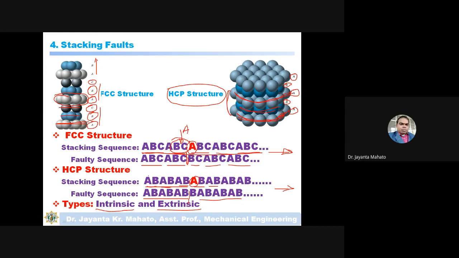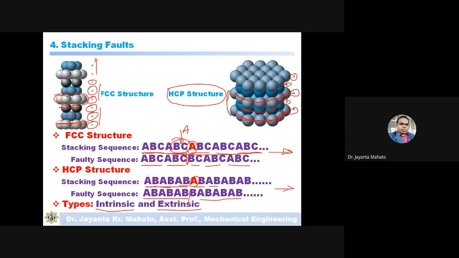So these stacking faults, grain boundaries, meaning low angle grain boundaries to high angle grain boundaries, all these affect the mechanical properties of the material.